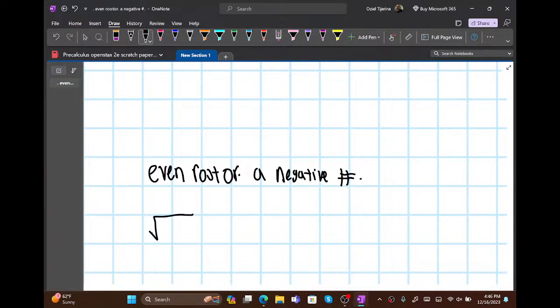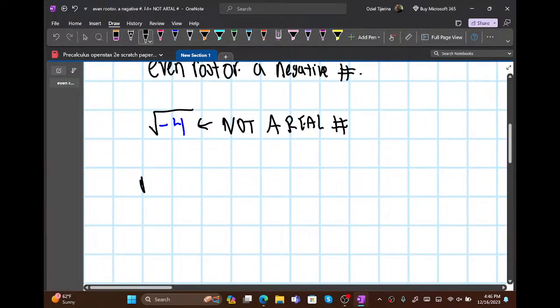It basically means that we have, for example, the square root of -4. We can't have this. This is not a real number. Does not apply.